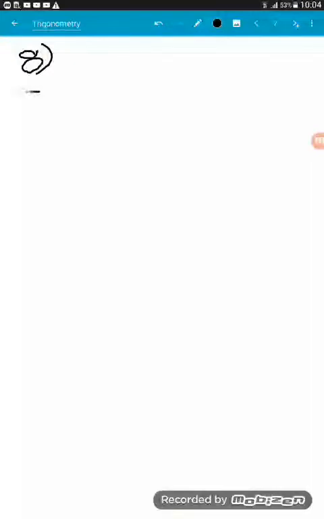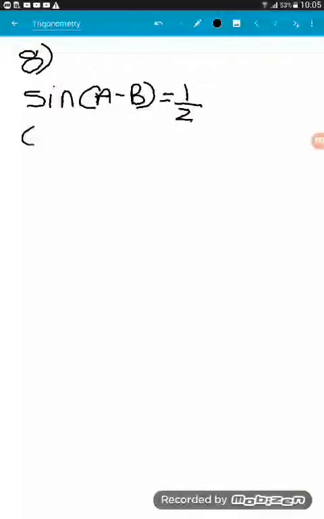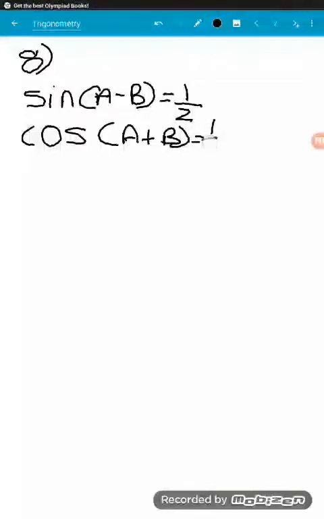Now 8th question. Sine of A minus B equal to 1 by 2. Cos of A plus B equal to 1 by 2.